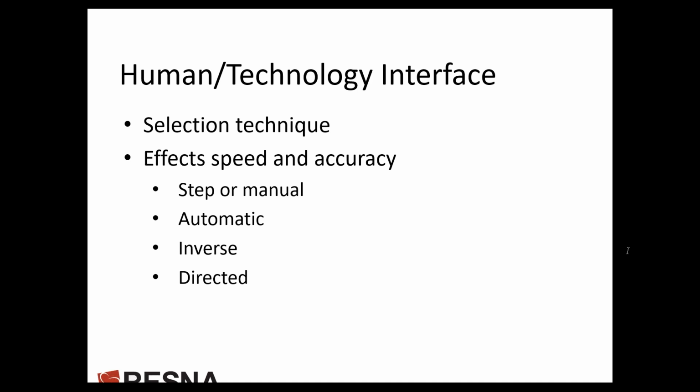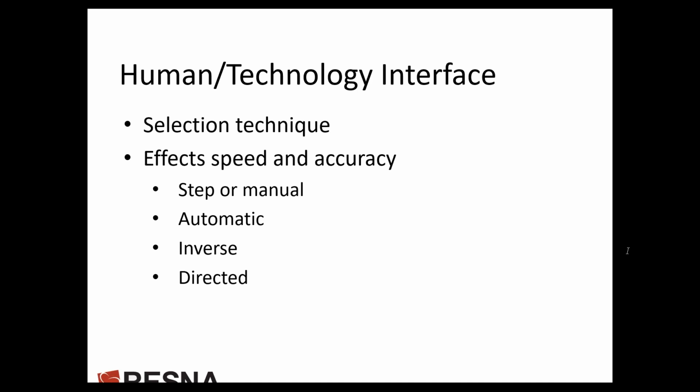Okay. So these terms, again: we covered speed and accuracy, and step or manual, automatic, inverse, directed. We covered all of those in the access module, but let's go through them real quick. Step is where the user controls each movement or step of the scanning indicator through its preset patterns by hitting a switch.